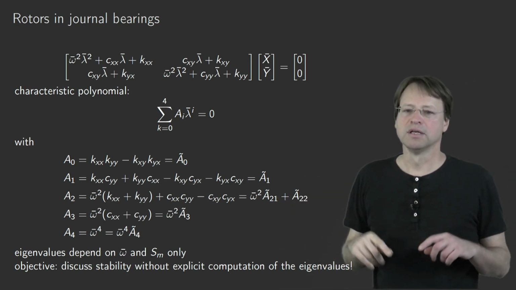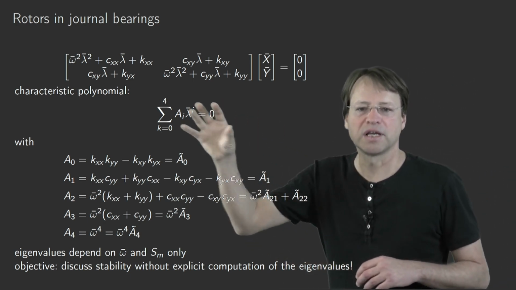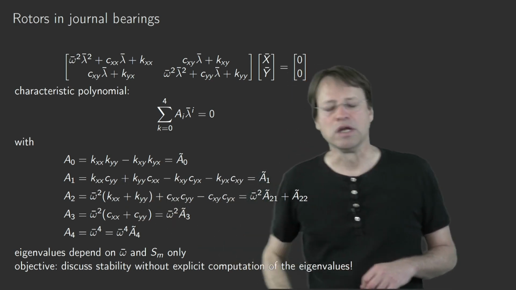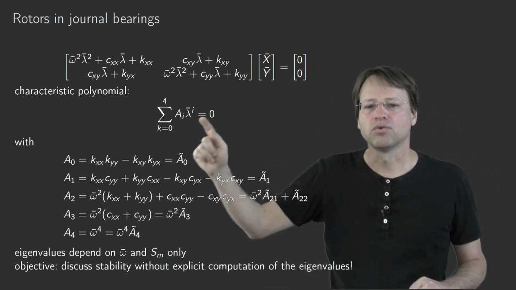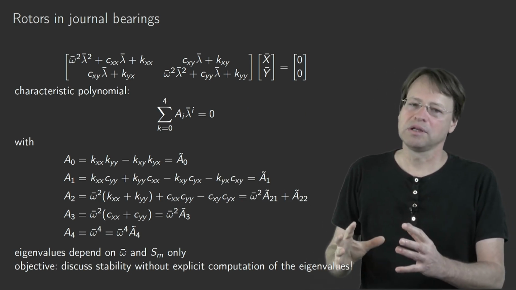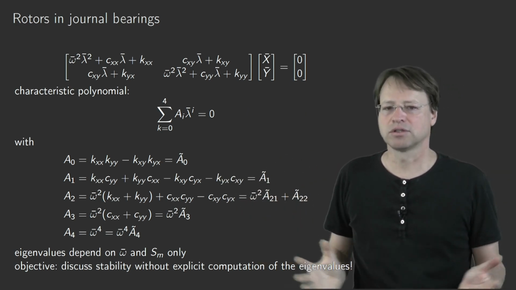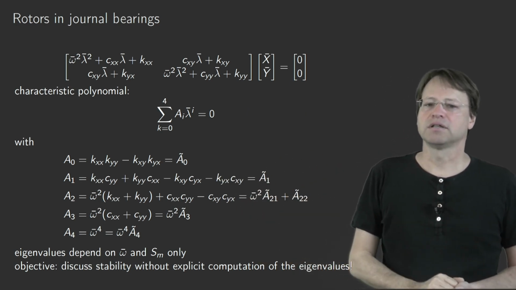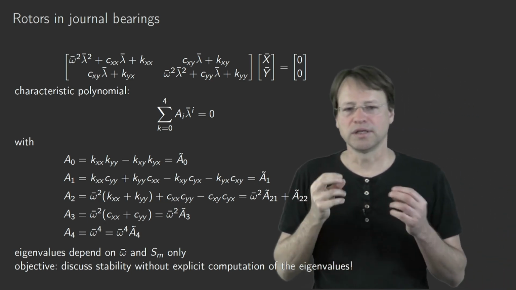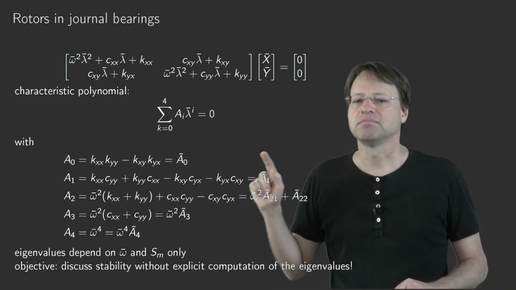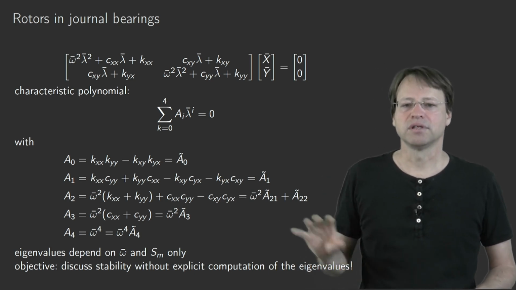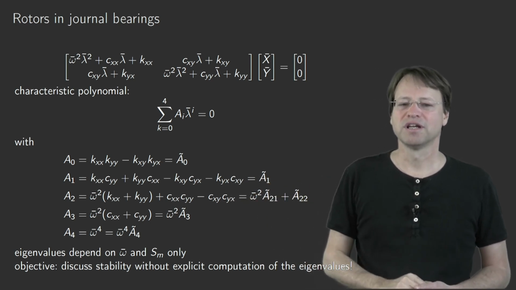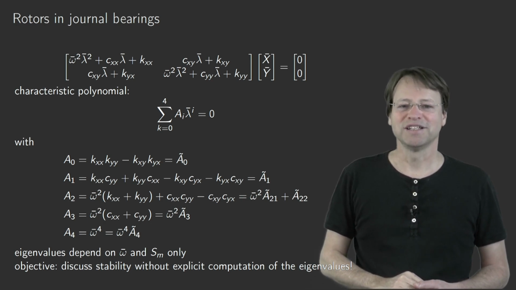The polynomial is fully characterized by its coefficients, so somehow in these coefficients the information on the roots, and therefore on the sign of the real part, must be hidden. It's qualitative information, not quantitative. How this is hidden in these coefficients will be shown to you in the next video.